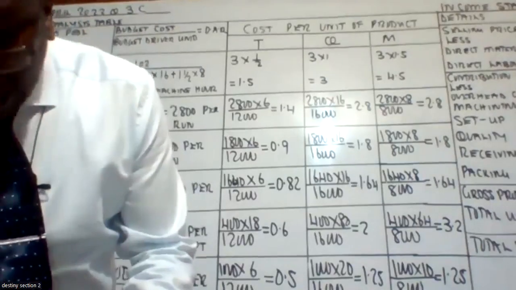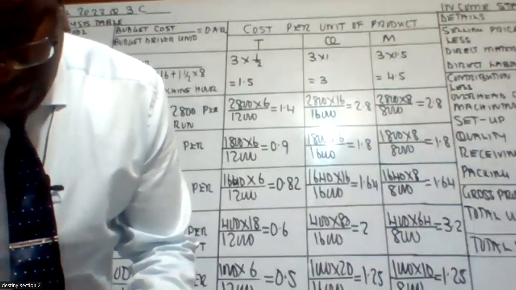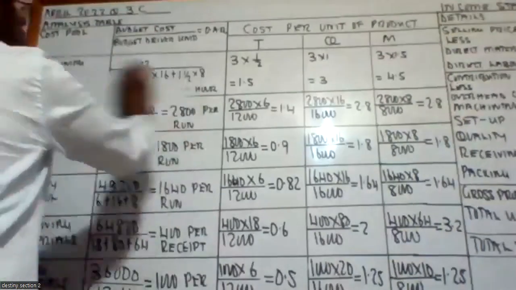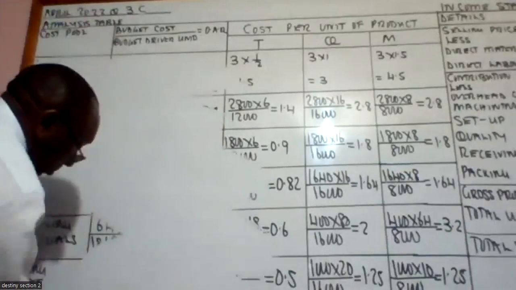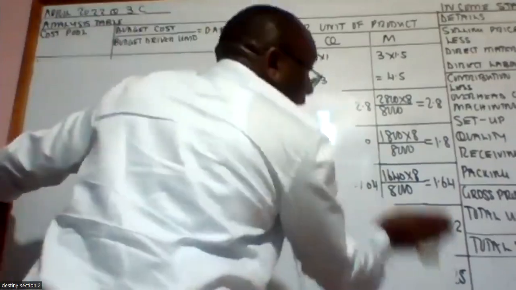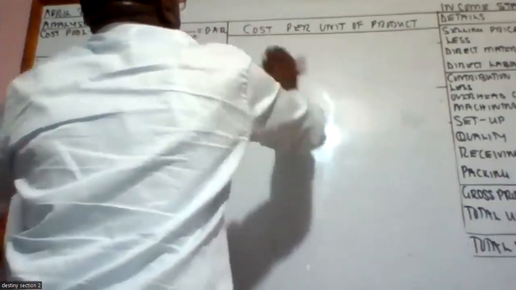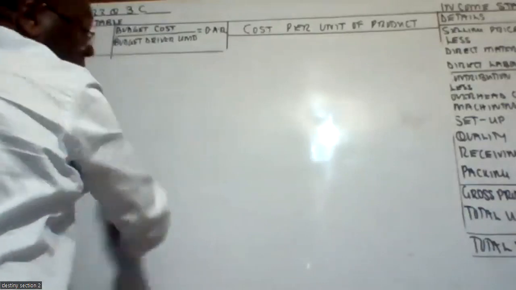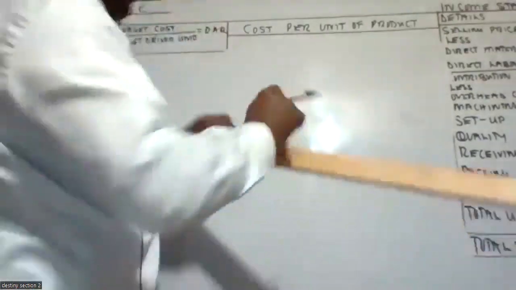Let me see which products are there. This one has W, X, Y. So draw a similar table like this one.